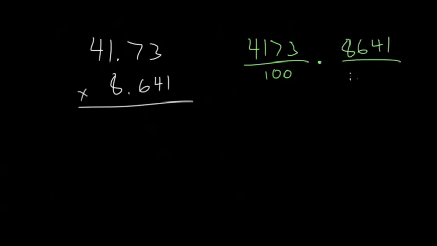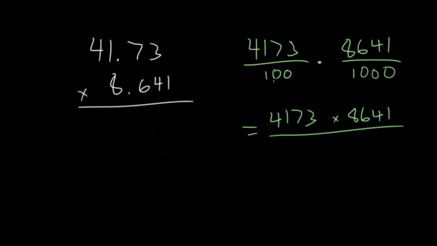We had to move it 3 times, so this will be divided by 1,000. So in essence, we're multiplying these 2 big numbers, 4173 times 8641, and then dividing by 100 times 1,000, or that's a 1 followed by 5 zeros. So in the end, you're going to be dividing by 100,000, which will move the decimal 5 places.